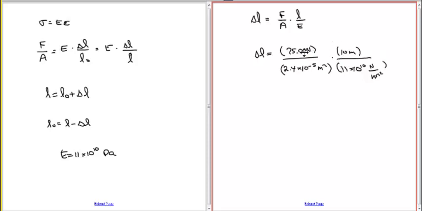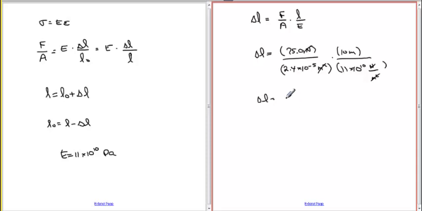And if we look at the units, newtons cancel out with newtons. I've got newtons per meter squared here, so this meter squared cancels that out. And I just land with meters, which is what I'm looking for. Delta L should be meters, and it should be pretty small. 75 times 10 divided by 2.4 e to the minus 5 divided by 11 e to the 10th.